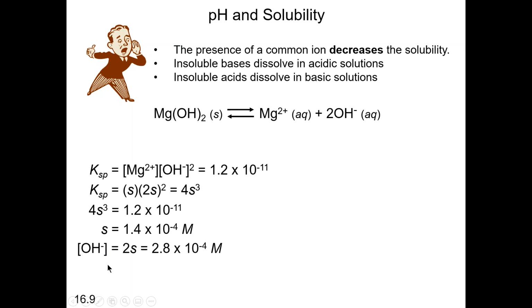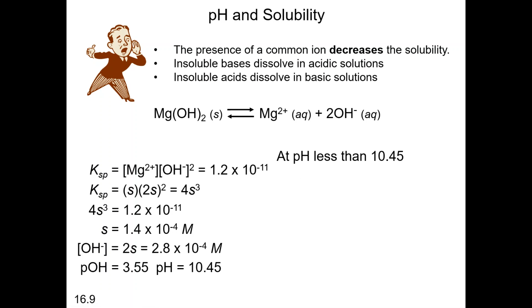So what that means is that for a solution where the magnesium hydroxide is added to water and it achieves equilibrium, the pOH is equal to 3.55, and therefore the pH is equal to 10.45, all right? This number is what we need to pay attention to, because if the pH of the solution is less than 10.45, then the equilibrium will shift.